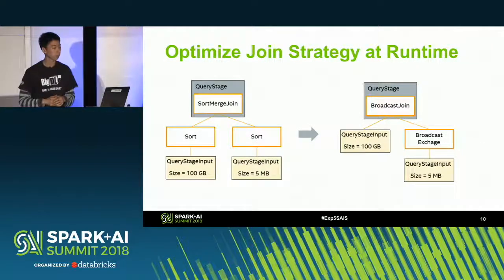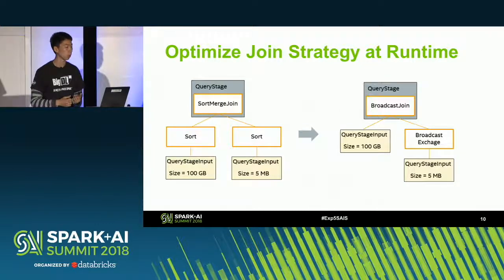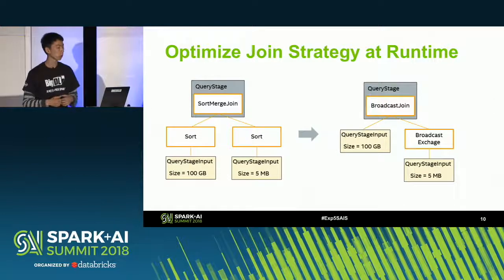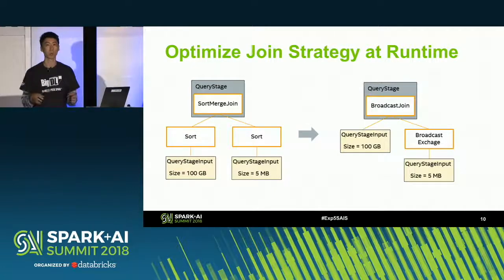The second feature is about optimizing the join strategy at runtime. In this case, the original plan is a sort merge join. But now, in adaptive execution mode, after executing 2 child stages, we know the exact data size of the input tables.